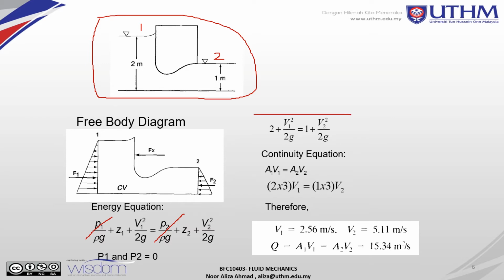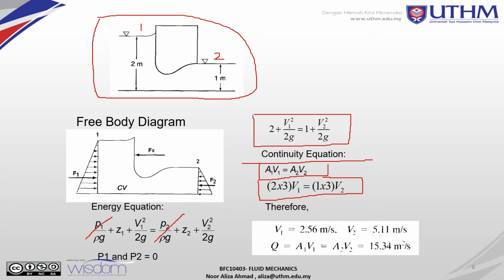So we get this value from the energy equation. After this, you use the continuity equation. After you get V1 in terms of V2 squared, you put this value into this equation until you get V1 is 2.56 meters per second, V2 is 5.11 meters per second.